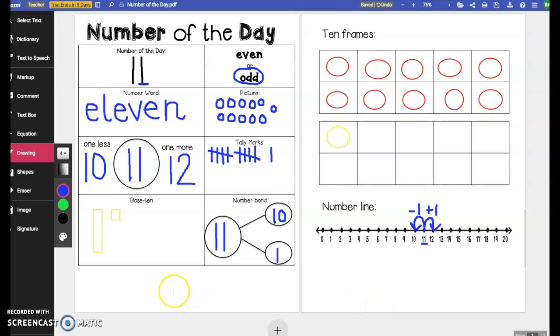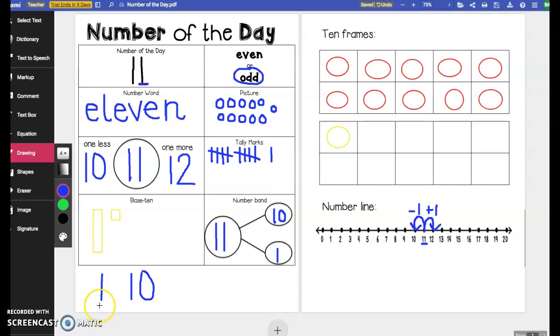All right, so I want us to think about a story problem. If one bird flew onto a tree and then 10 more birds joined him, how many birds are there all together?